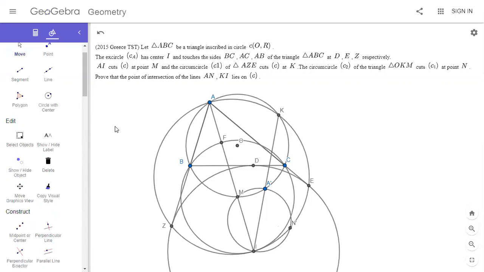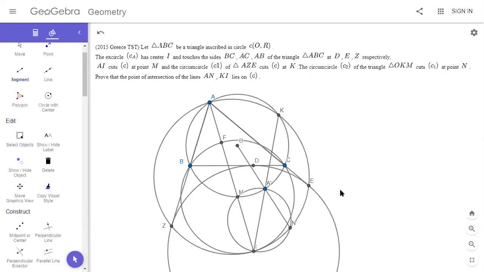Let's see. Okay, so angle MNO is equal to... I'm going to say M prime here is equal to... wait, but how do we know that?